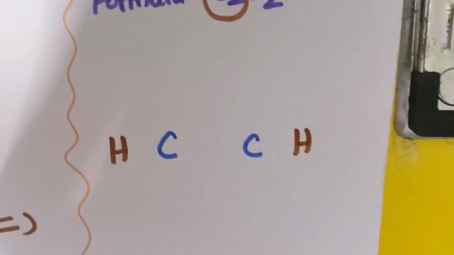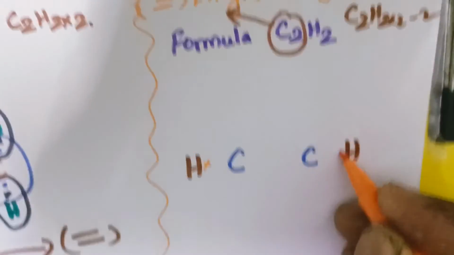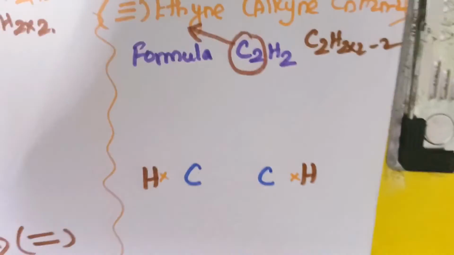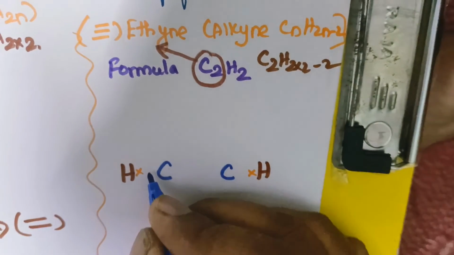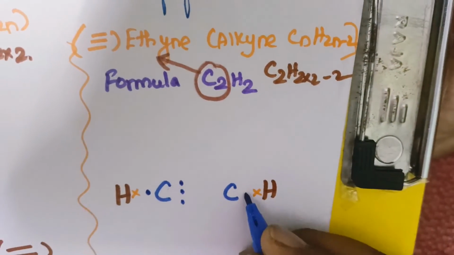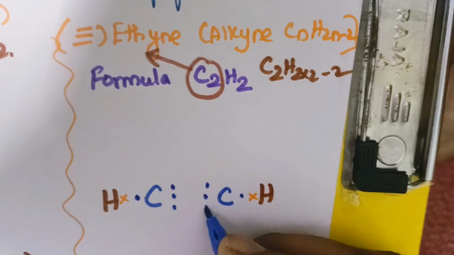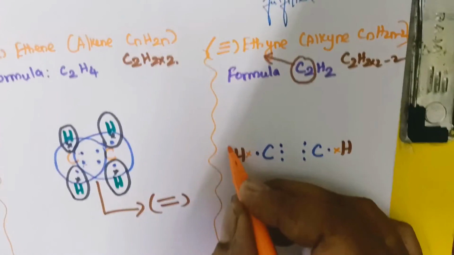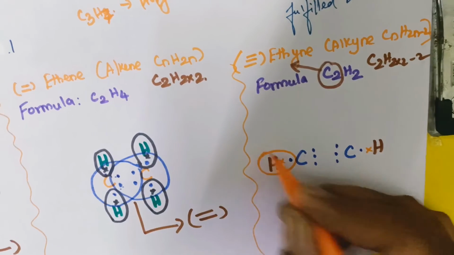How many electrons will the hydrogen have? 1 each. How many electrons will the carbon have? 4. For my convenience, I am going to write 1 electron with the hydrogen and another 3 electrons on this side. This hydrogen will be fulfilled by getting 1 electron from the carbon.